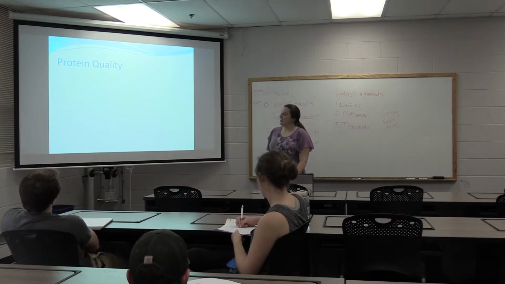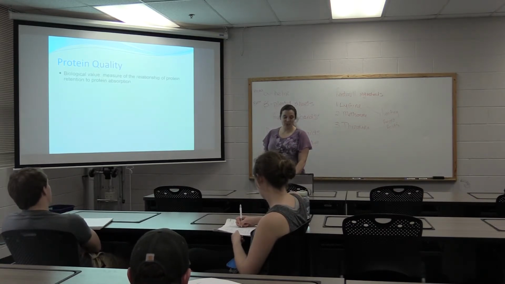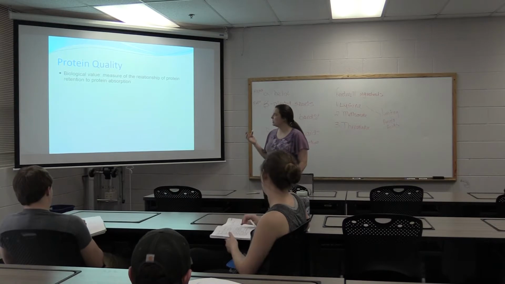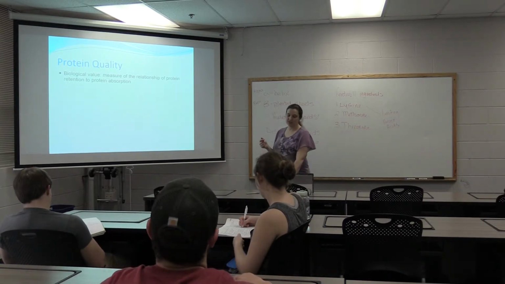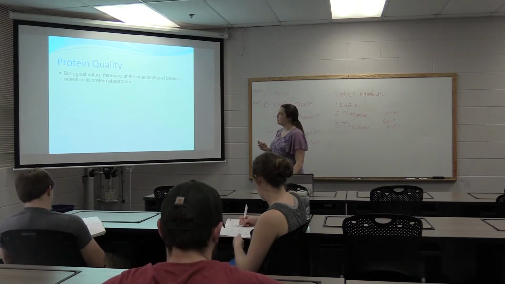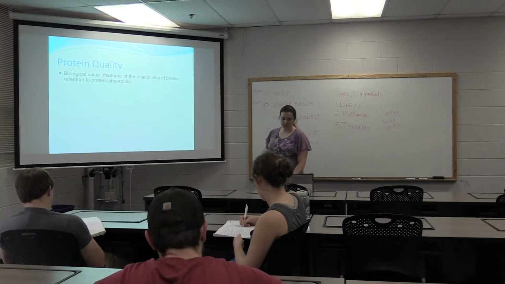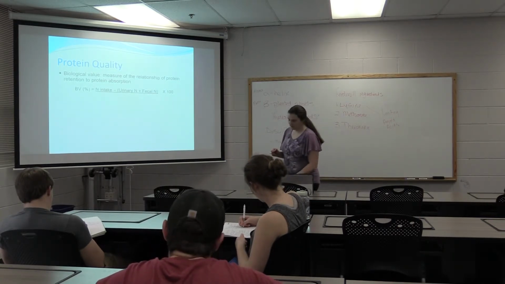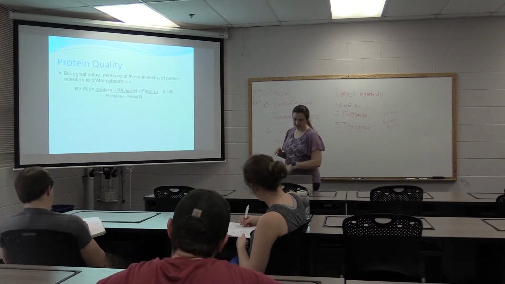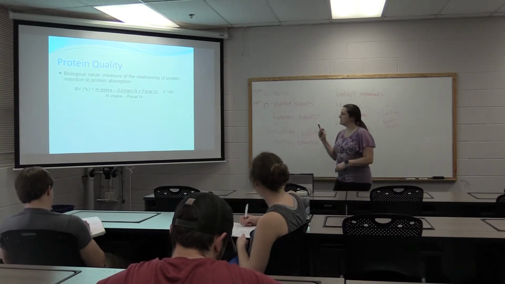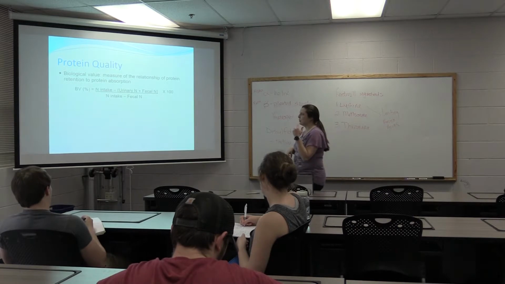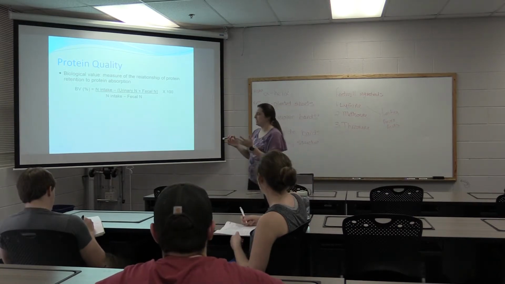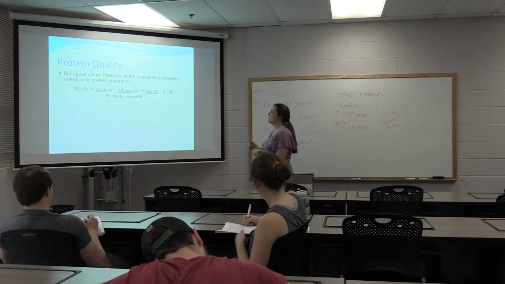So now we have differences in the quality of protein. Things that we can measure to determine the quality, one thing is the biological value. That's the full equation, looking at the relationship of how long the protein is retained versus how much is absorbed.